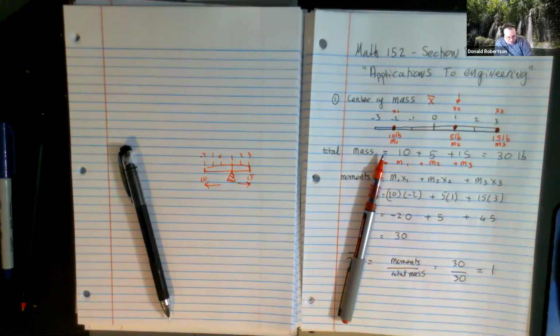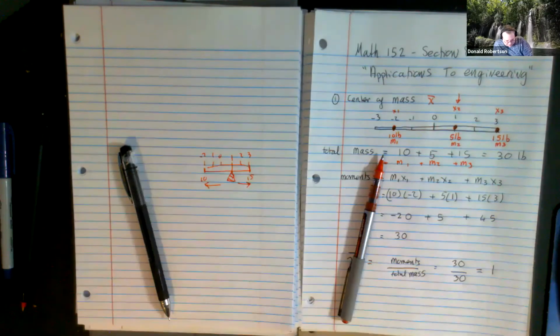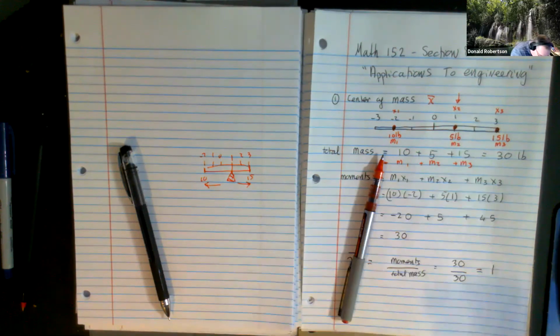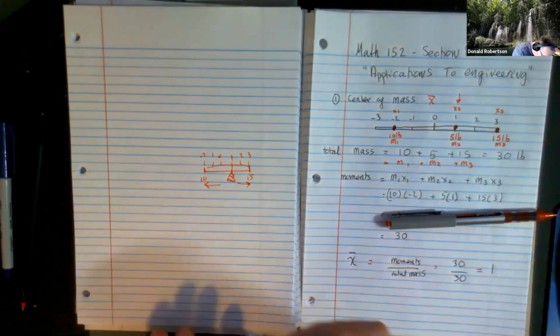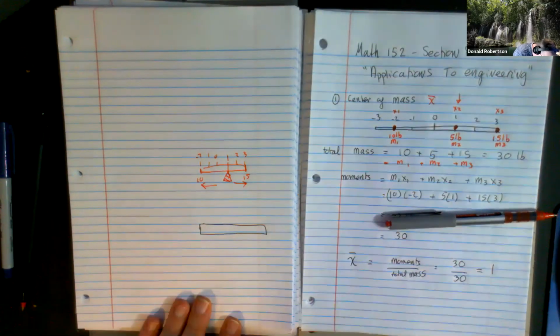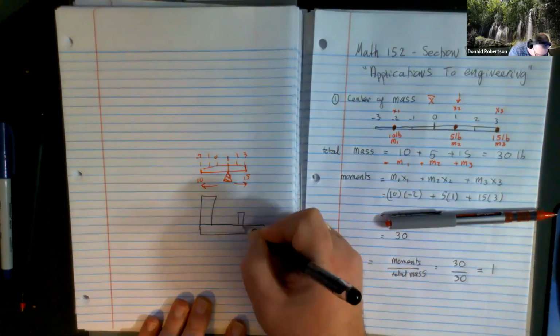So if you wanted to know where the centre of mass of this particular combination of weights is, it would be right there. Okay, let's find a reason for why I want to do this. Can you imagine this is a girder? And on this girder, there's a big heavy girder, there's a little bit less girder, and there's a really massive girder.